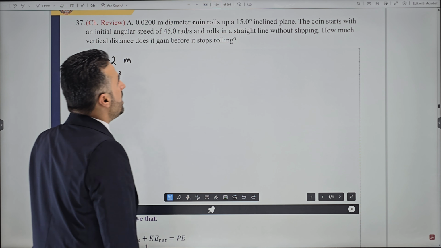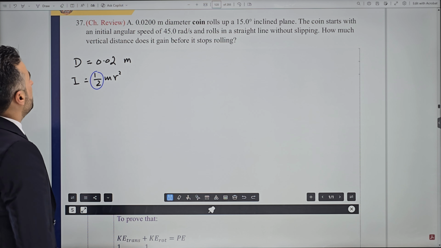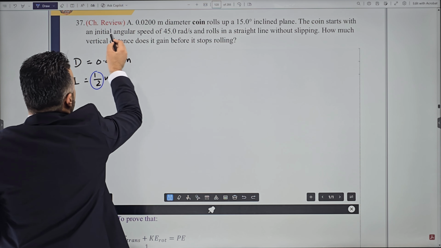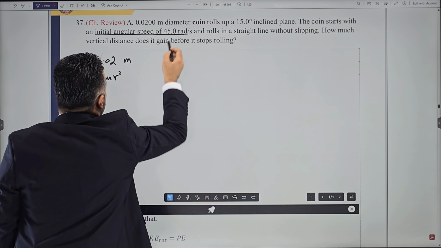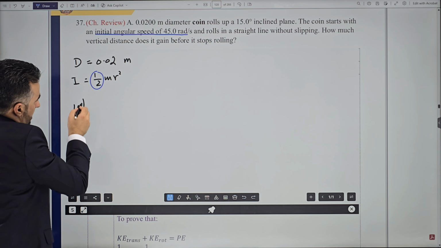It says it rolls up a 15-degree inclined plane. The coin starts with an initial angular speed, don't forget. So this is the initial, but it's not just translational, it is angular speed. So here's the initial angular speed, which is 45 radians per second, don't forget. It says it rolls in a straight line without slipping.